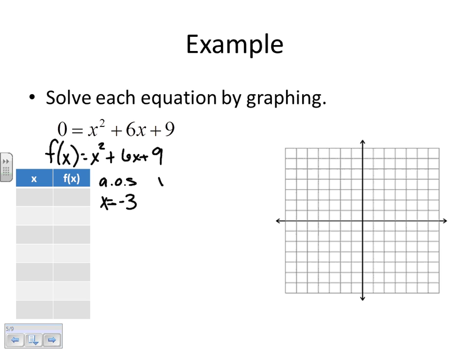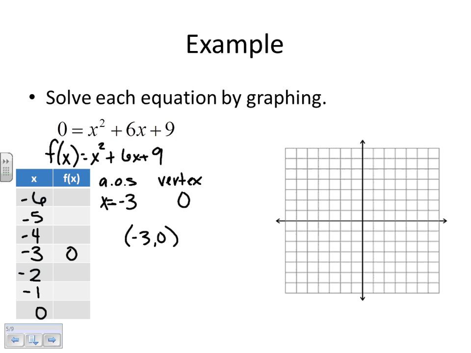And we plug that in to get our vertex, and our vertex becomes 0. So our point here is negative 3, 0.